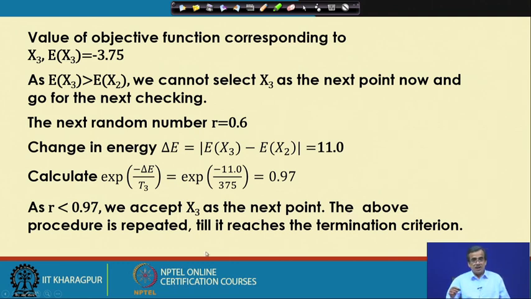This procedure is continued till it reaches the termination criteria, that is, the change in energy, its mod value, should be less than epsilon, the termination value. And if it is fulfilled, we say that the algorithm has reached that level, and the solution which we are getting is the optimal solution, that is the minimum solution of the objective function.